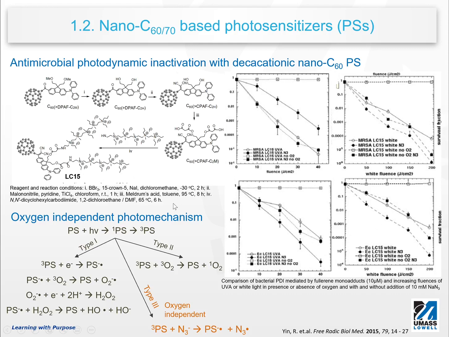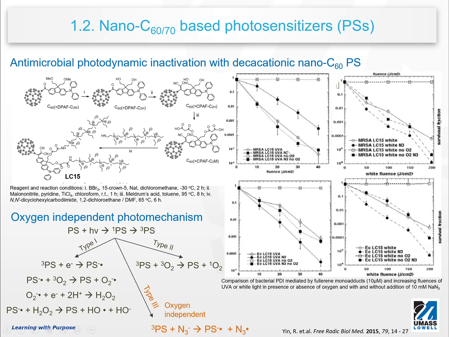And another interesting property we find about this type of molecule is they can even operate without oxygen. However, we do need other ions to exist in the solution. If we take a look at this solid square line, we will see that with the existence of other ions and without oxygen, the killing efficiency of our molecule on MRSA is almost identical to the killing efficiency of this molecule under the normal condition.